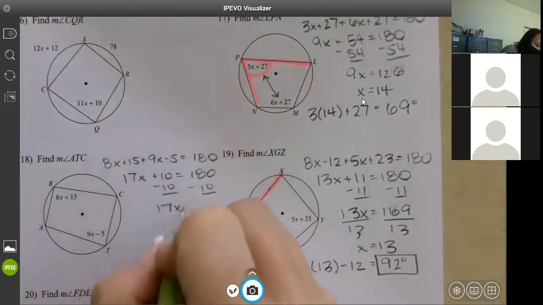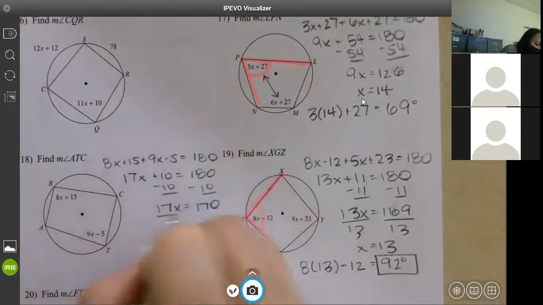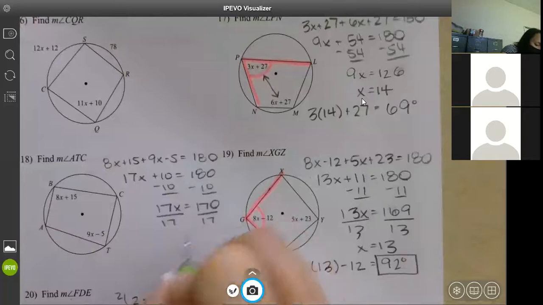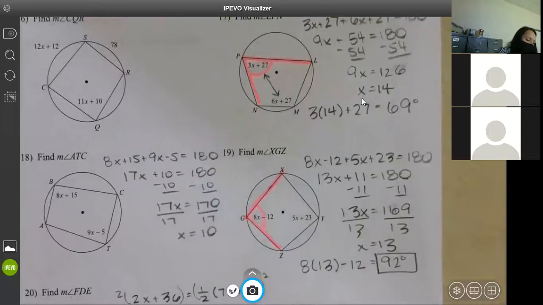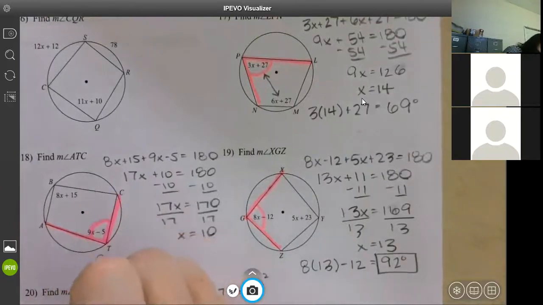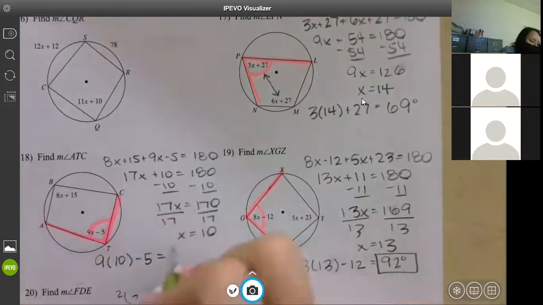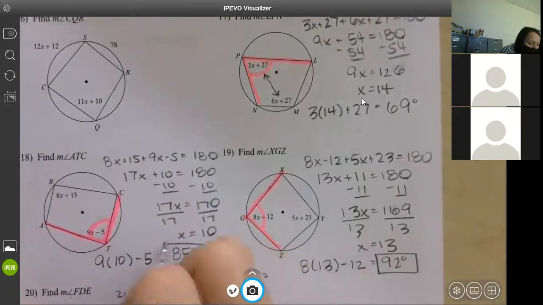You get 17x equals 170. Divide by 17. You get x equals 10. We're looking for ATC, so follow it around, which is this angle right here. So we're going to plug in 10. 9 times 10 is 90, minus 5 is 85.